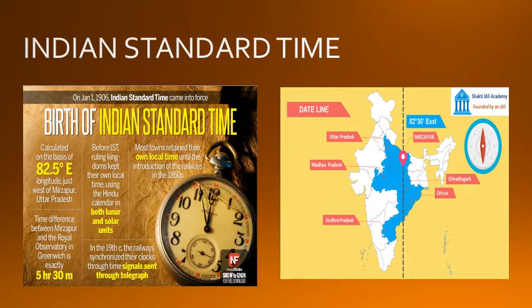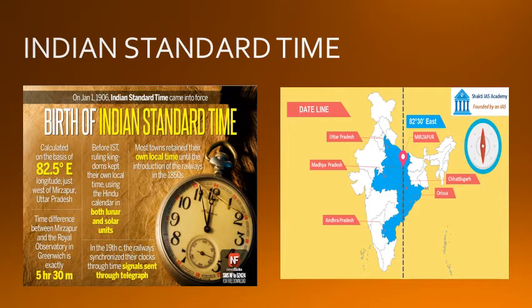It will be difficult to prepare and follow the timetable for the smooth functioning of railways and airways, as they have to cross several meridians. So, in order to overcome this difficulty, it has become necessary to adopt the local time of some central meridian of the country to provide a standard system of time for the whole country.